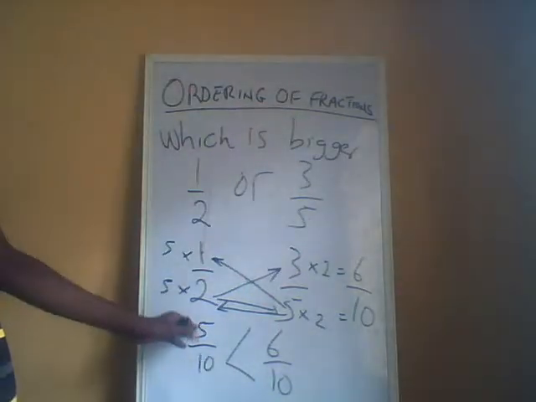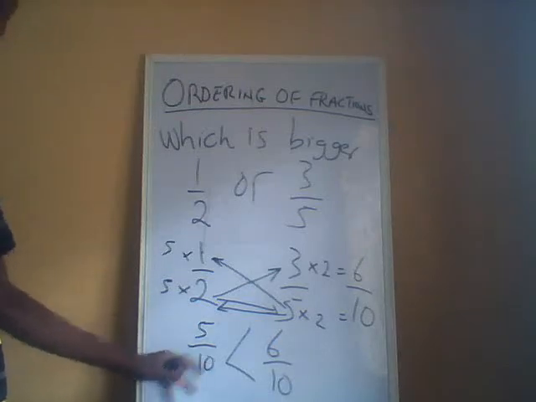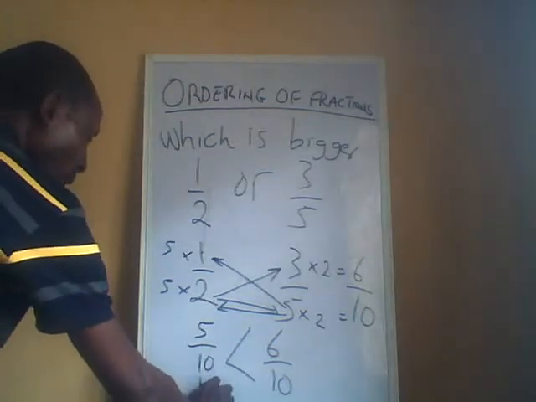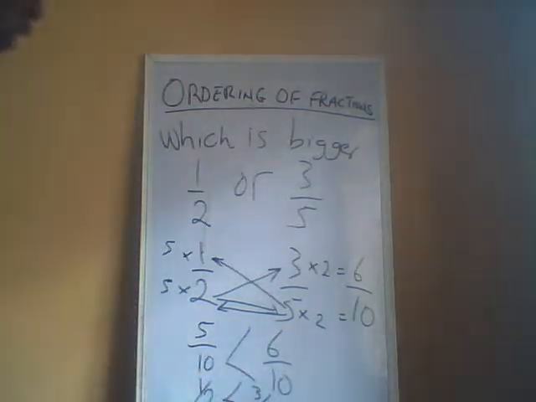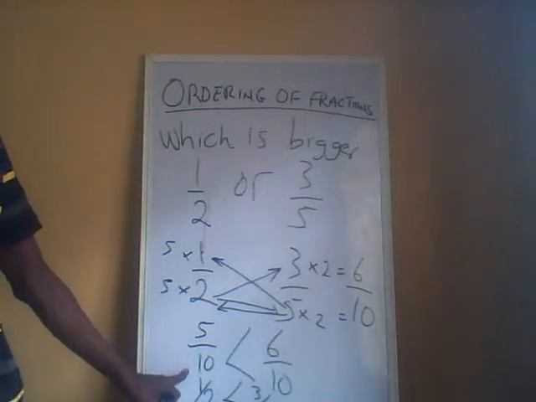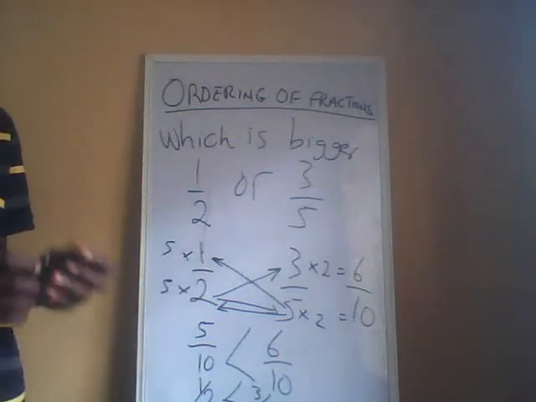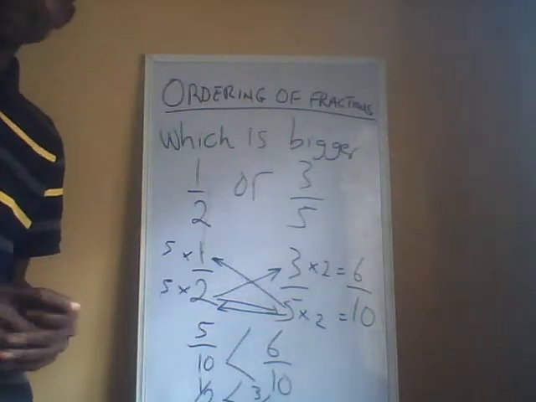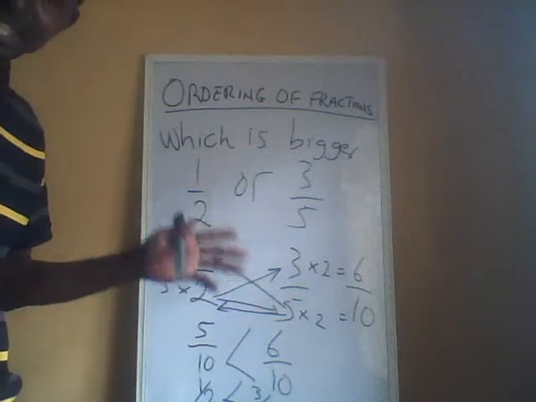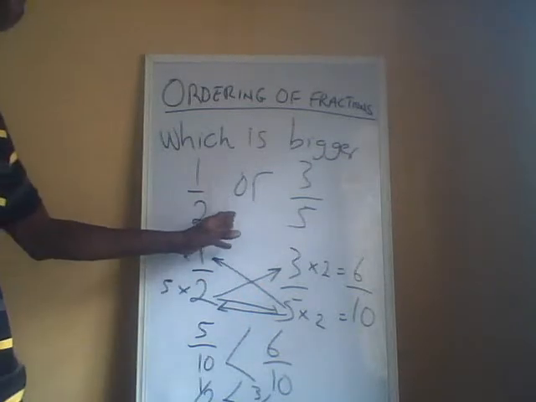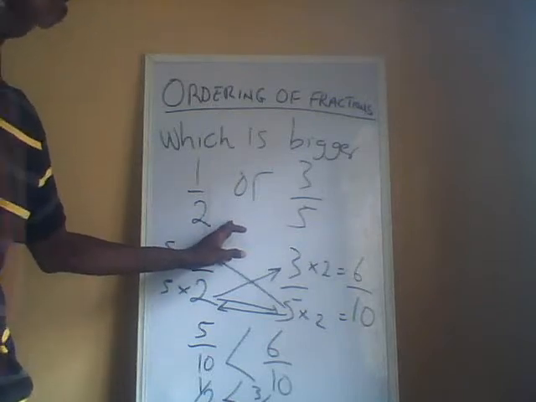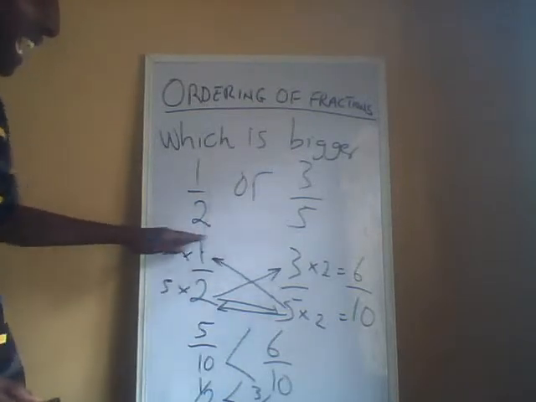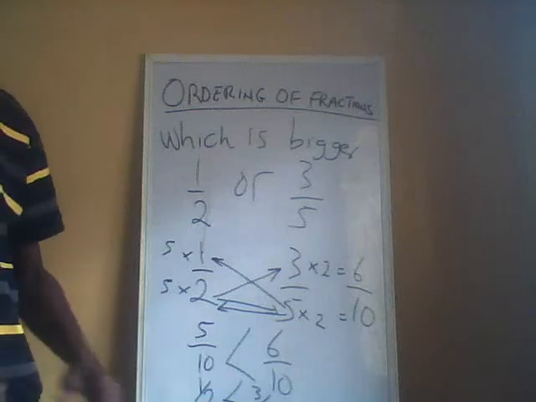Now, if 5 over 10 is less, that means 1 over 2 is less than 3 over 5, because 5 over 10 was gotten from 1 over 2. I hope this will help the children to order fractions correctly, both those with the same numerator and those with the same denominator.